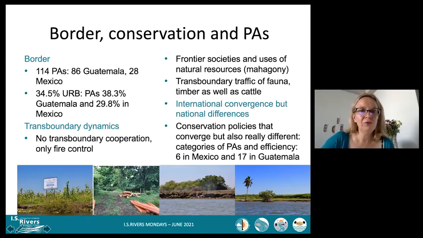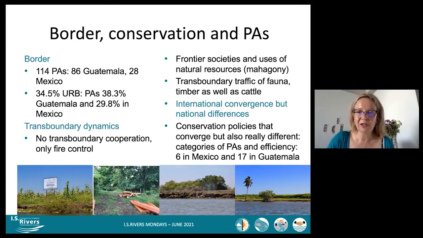On the photo on the left, we're on a plot of land where Mexico has environmental services in place, but we see that they're growing corn nevertheless. On the second photo, we're practically at the Guatemalan border, and we see that the Mexican population is extracting wood from a protected area in Guatemala.